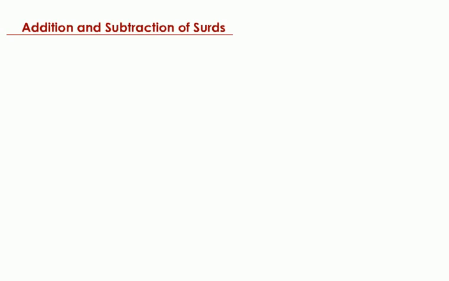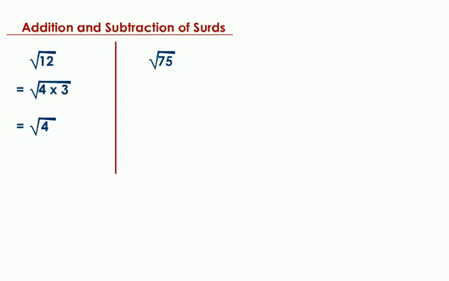Now, simplification of surds. We start with the addition and subtraction of surds. Students, consider the surds √12 and √75. Here, √12 can be written as √(4 into 3) or √4 into √3, which gives us 2√3 as the answer.